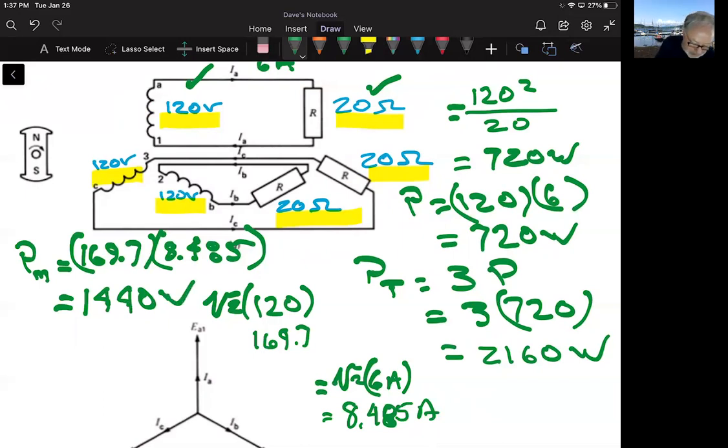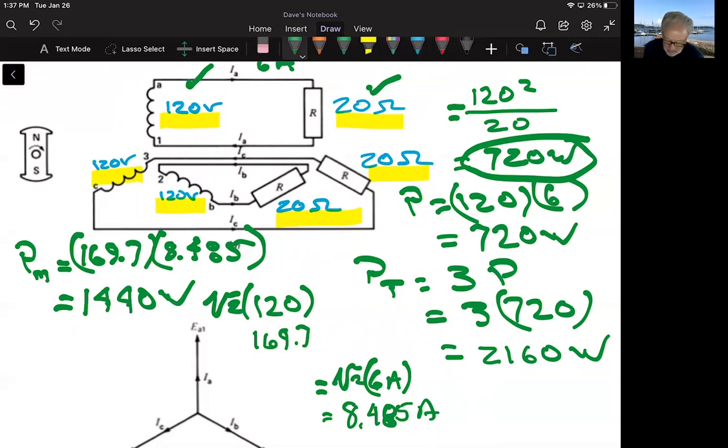Now, we're looking at this in terms of the differences between peak and effective. In our world, most of the time, we want to stay in the effective so that we're not dealing with instantaneous instances. So this is just an exercise so that we understand that. And so the peak power in each resistor comes out to be 1440 watts.